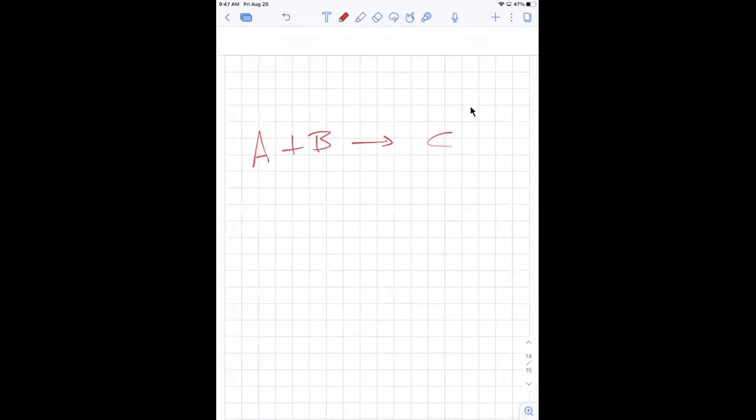So at some point, if we look at it from the perspective of an energy diagram, these are your reactants, these are your products, this is the transition state. So in order for A and B to get together, they've got to share electrons, they've got to collide. And when they come together, let me not even say C, let me just say AB, because you've got a bond between them, right?